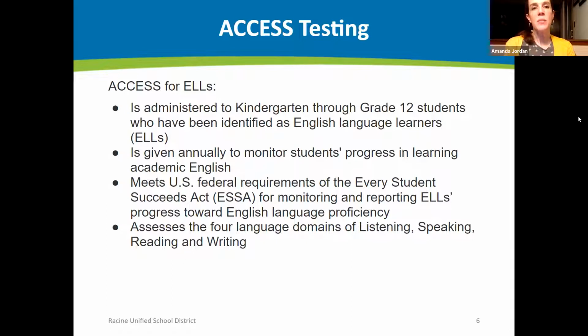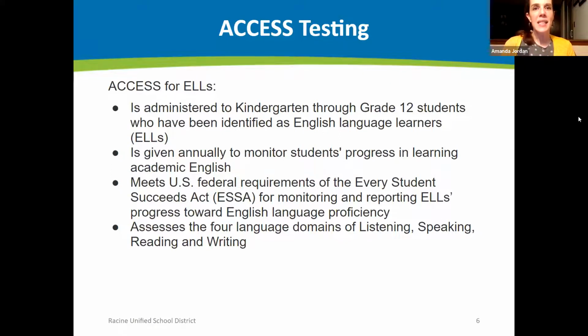And this is an assessment that is requested by the US federal government under the Every Student Succeeds Act, or ESSA. And this test is used to monitor and report our English language learners' progress and development in 4 specific areas, and that is listening, speaking, reading, and writing.